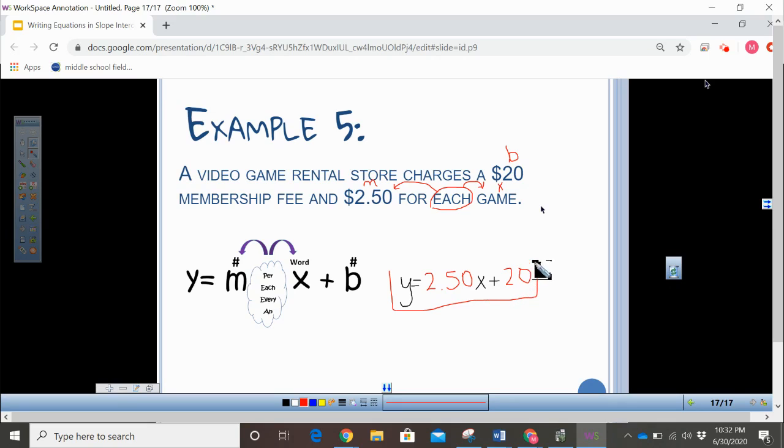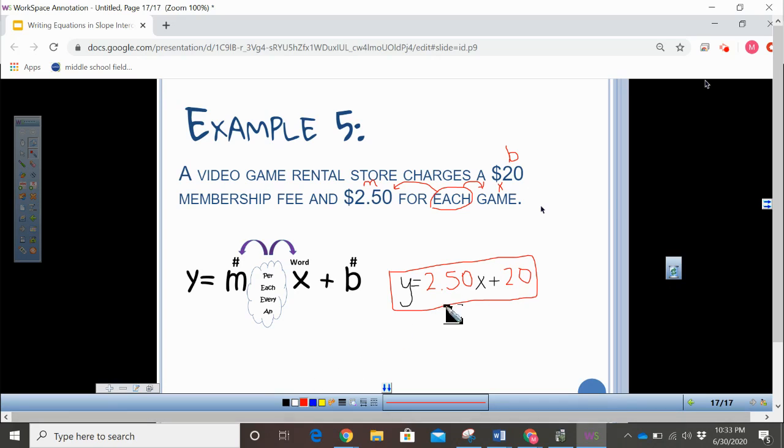And that should be my equation. So my slope was 2.50 and my y-intercept was 20. Once I sub it in, my equation equals y equals $2.50 x plus 20.